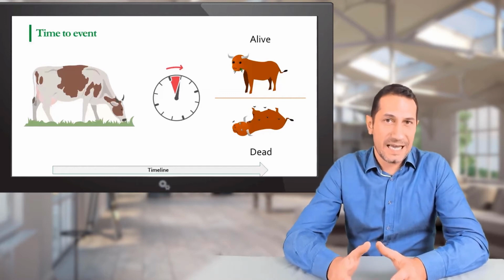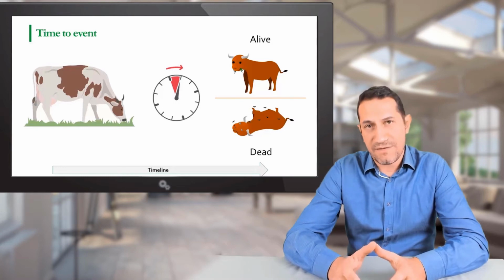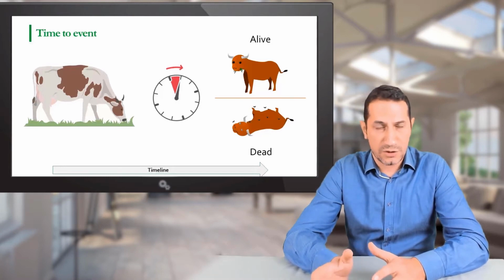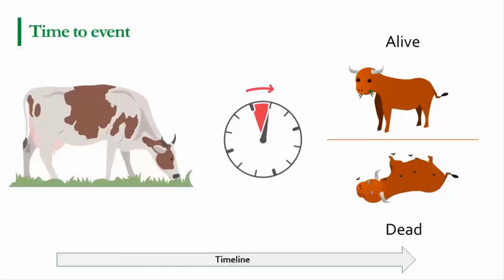The basic idea is when the event occurs and whether the event occurs or not. So we have two variables: a time variable and a variable registering the event happening or not happening. The when concept depicts the amount of time that will pass before the event occurs.